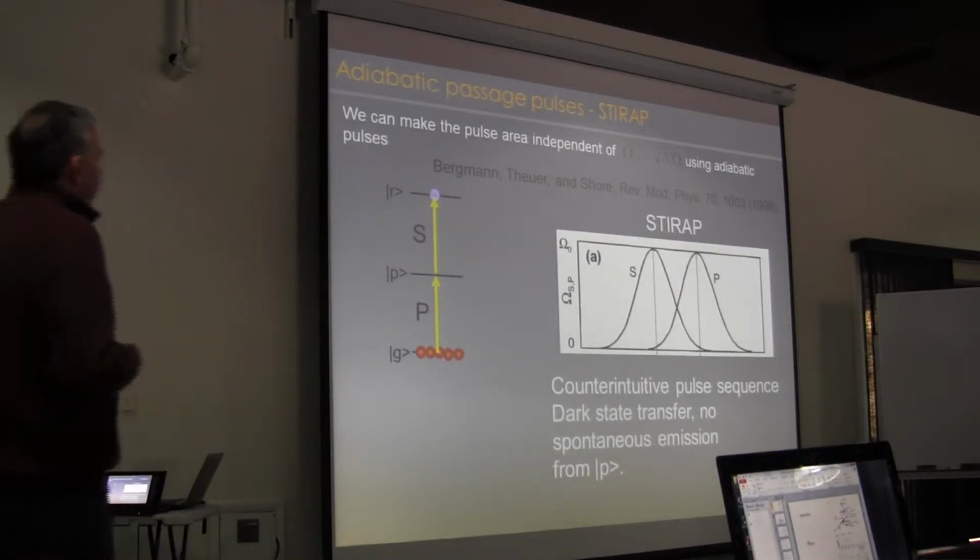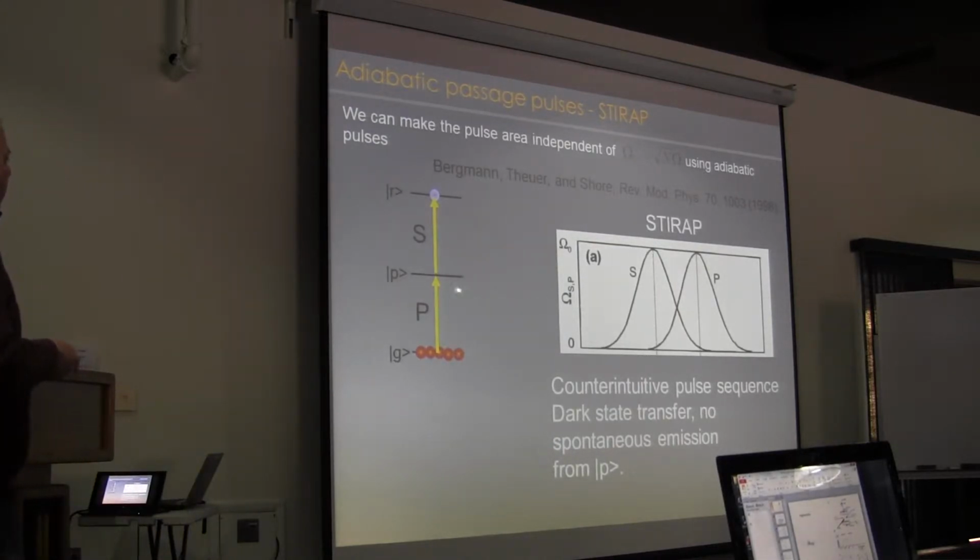One of the basic techniques, called STIRAP, uses a two-photon excitation, but in a counterintuitive pulse sequence. So I'm going from the ground state up to the Rydberg state via this intermediate P state, and I apply the second photon first, followed by a pulse with the first photon. So I apply this frequency first, followed by this lower frequency.